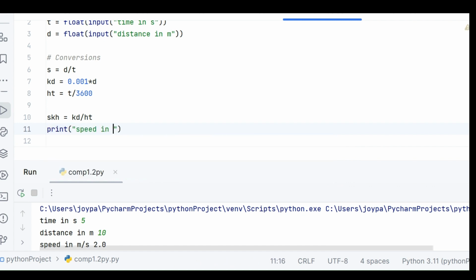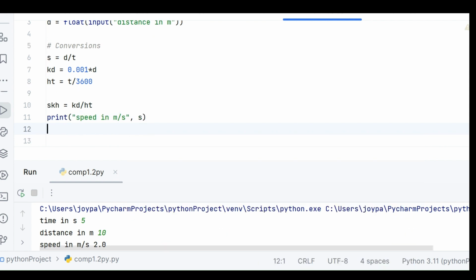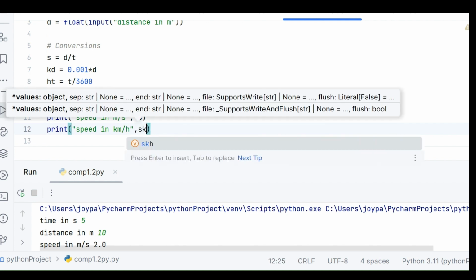The speed in meters per second, because that's our value of S. And then, like we learned last tutorial, we need to put a comma and speed there. And then here, print brackets, and this will be speed in kilometers per hour. And there, I'm going to use the variable SKH.